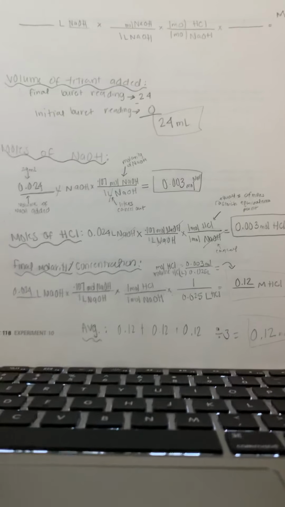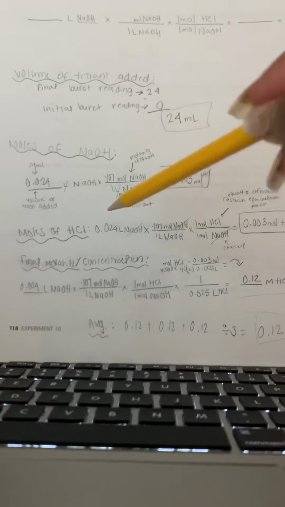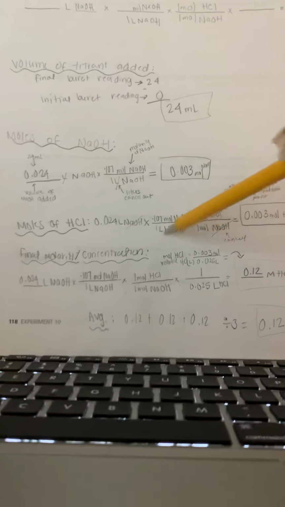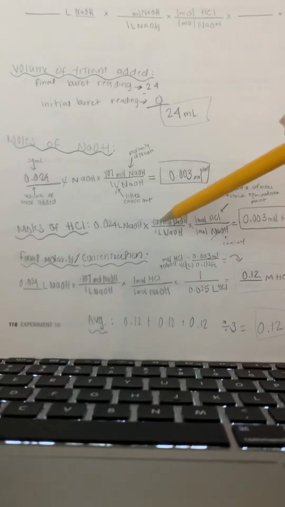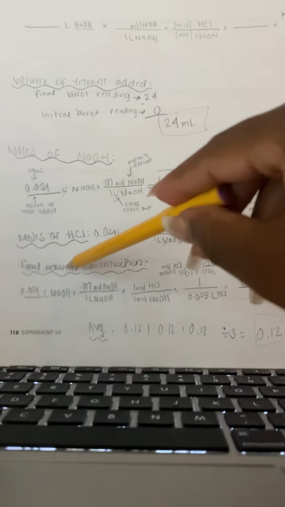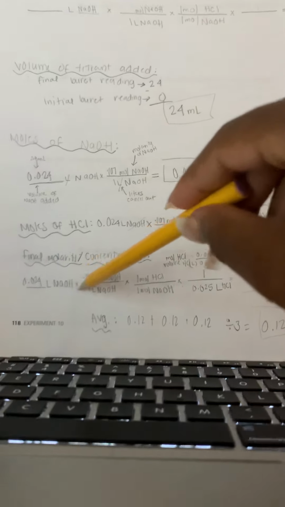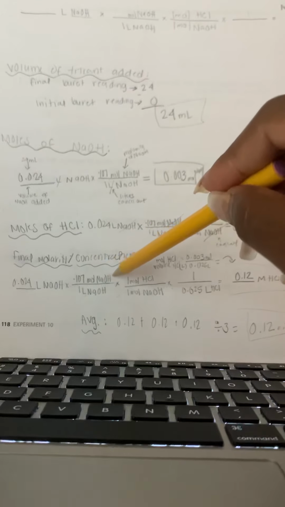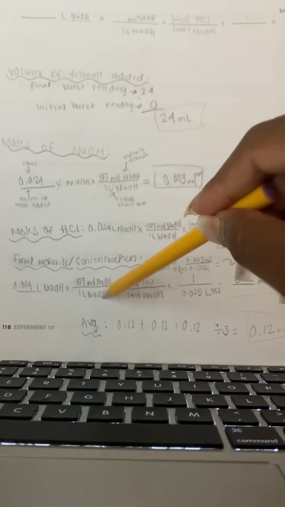Now I'm going to show you how to calculate the final molarity, or the concentration, of the hydrochloric acid. I plugged in everything here: 0.024 liters, remember from the 24 milliliters of sodium hydroxide, multiplied by 0.107 moles of sodium hydroxide divided by 1 liter.